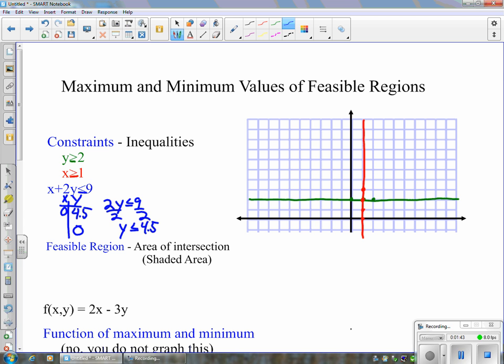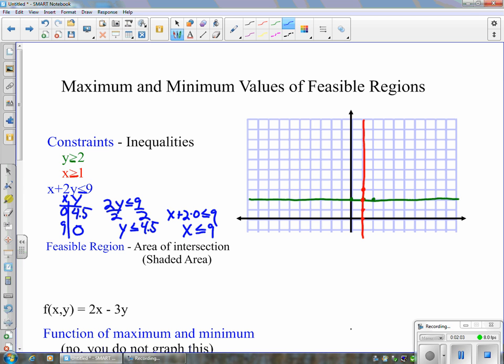When I put a 0 in the y spot, I'll have x plus 2 times 0 is smaller than or equal to 9. That makes x is smaller than or equal to 9. So 9 is our point.